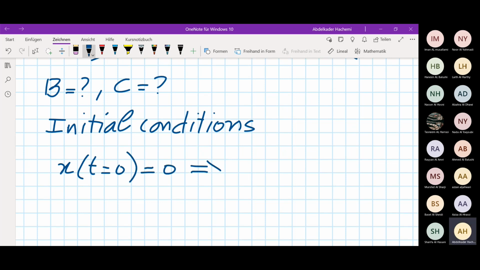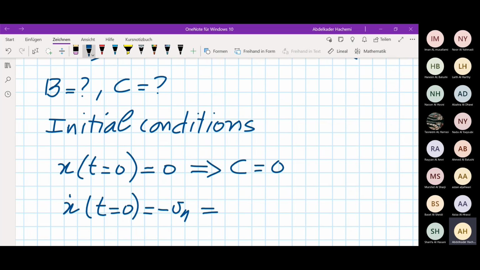That means c is equal to 0. Now x dot, the velocity at time t equal to 0, is equal to minus v1.